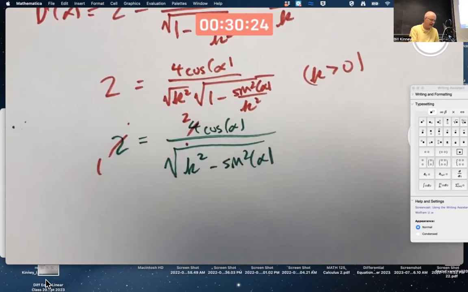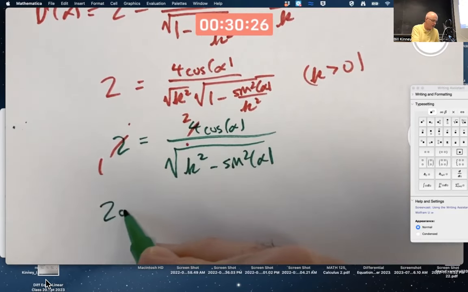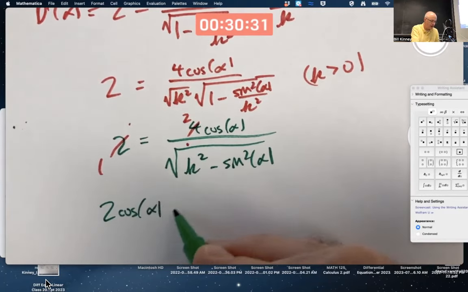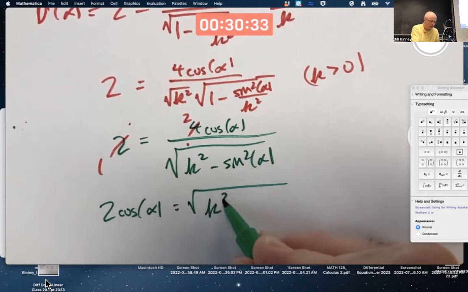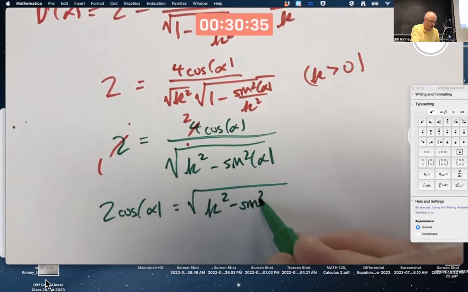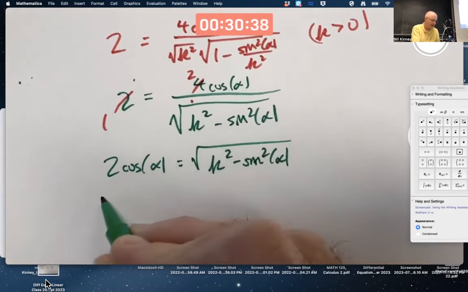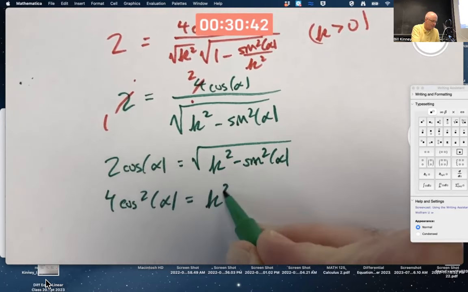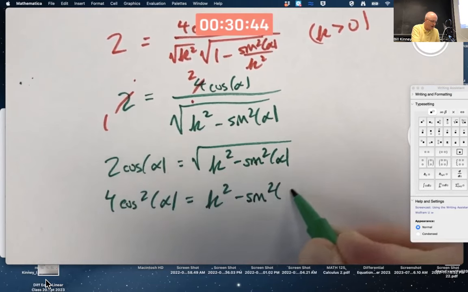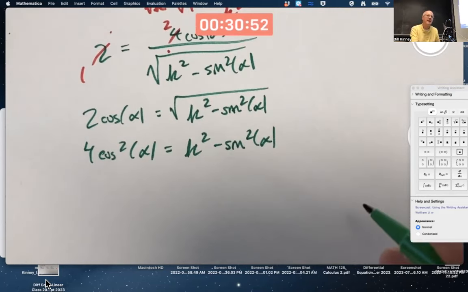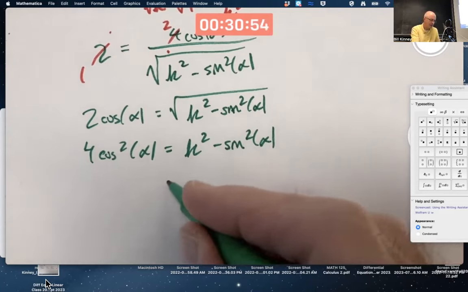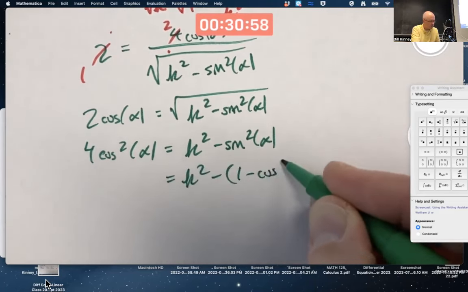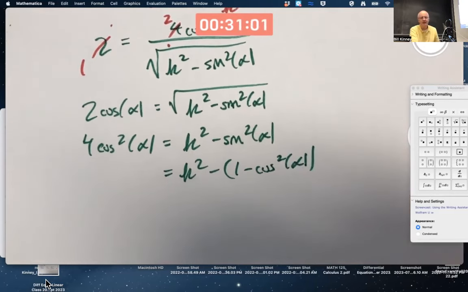And ultimately, what it looks like is I want this fraction to equal 1. So 2 cosine of alpha should equal the square root. I'm trying to solve for alpha. Get rid of the square root next, square both sides. How do I solve this for alpha? Think trig identity. Maybe I should replace sine squared with 1 minus cos squared, right? That's a trig identity.